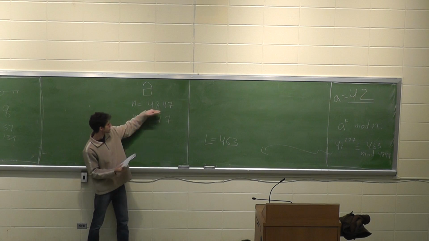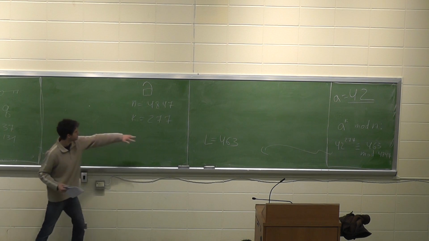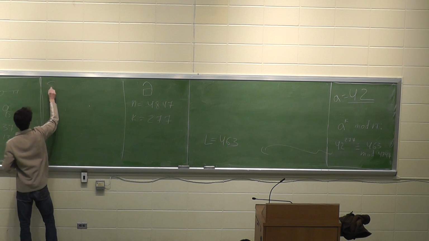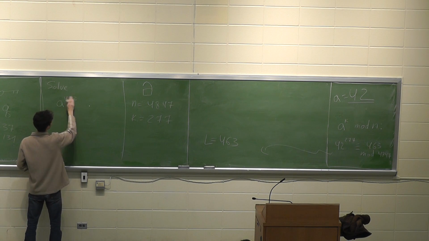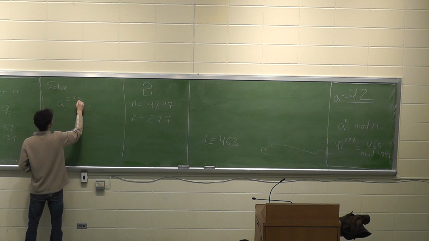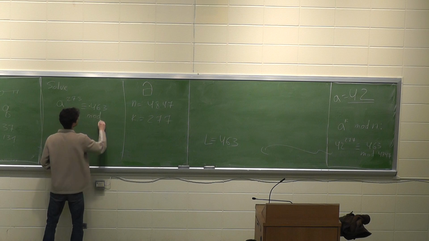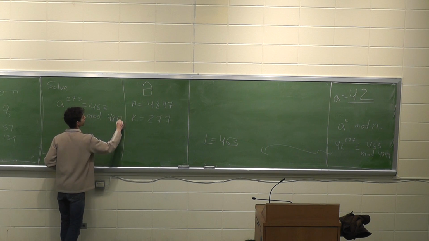Everyone knows this, this, and this. And now if you want to actually decipher what the message was, well, you have to solve the equation a to the power 277 is equivalent to 463 modulo this number, 4847.